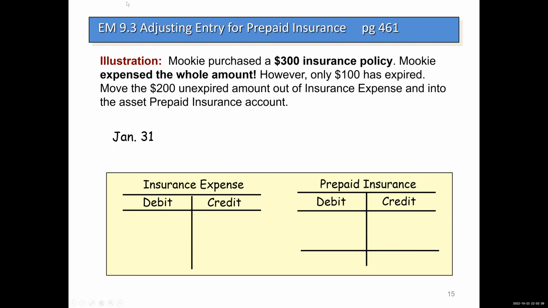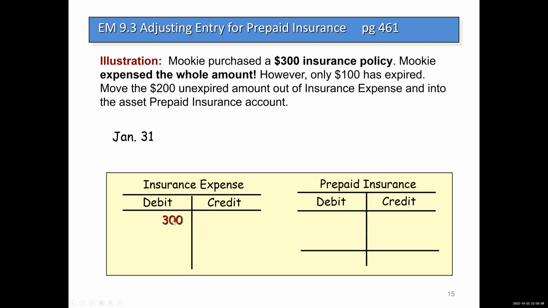You say what? No, Mookie expensed the whole amount. So this is what Mookie did. Instead, they just expensed the whole policy to insurance expense. So that's kind of wacky, isn't it? Well, at the end of the period, they say that, well, only $100 has expired.